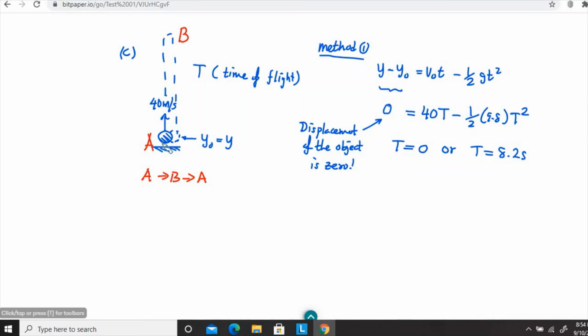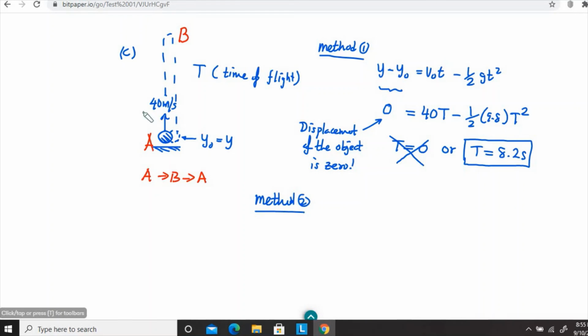And after a time of 8.2 seconds, the particle goes through this trajectory and comes back to the same position. So that's why you get these two time values. We are ignoring this one because that's not what we are interested in, but this is the one we are interested in. So that's your answer. This is method 1.